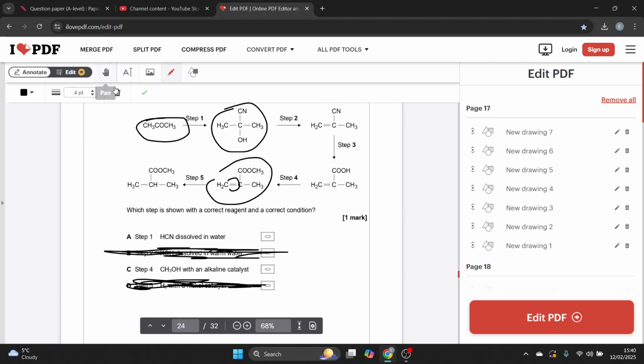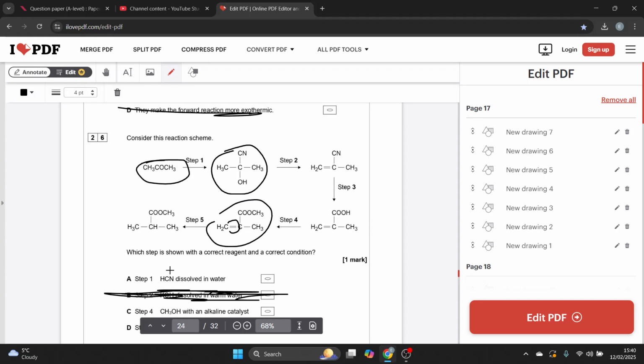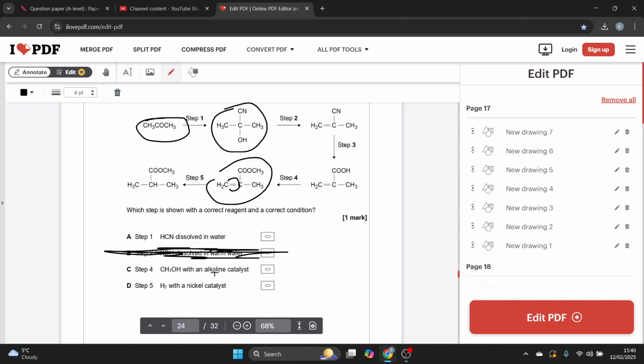No. Let me see that again. Hydrogen with a nickel catalyst, step 5. Never mind, it is that one.